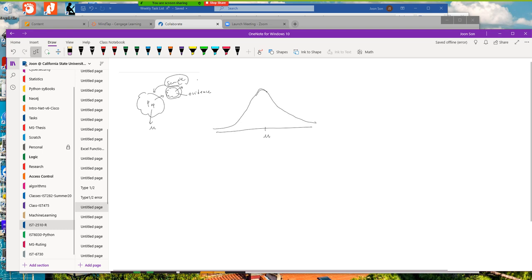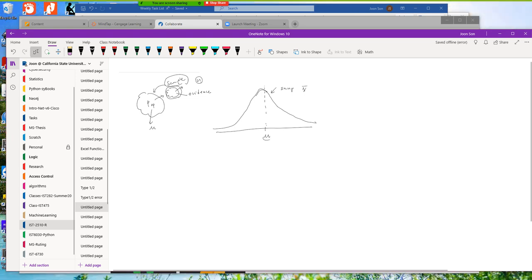If n is large enough, then we know that the sampling distribution will follow the normal distribution. And if the null hypothesis is true, then the center of the sampling distribution of x bar, the sample mean, is equal to the population mean.